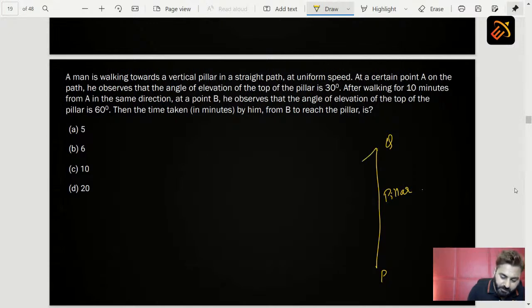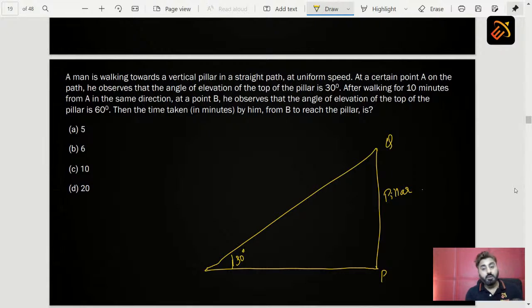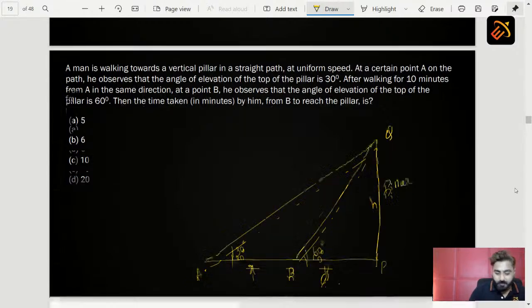So let's say this is forming an angle of elevation at 30 degree. This is forming an angle of elevation at 60 degree. Let's say this is the height h, A, B, some distance x and y.